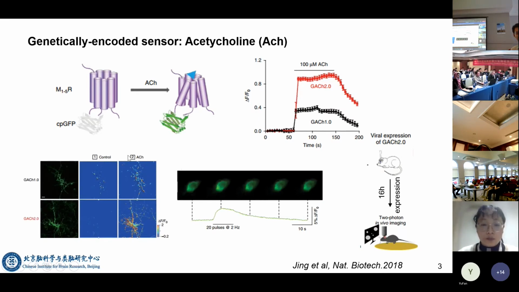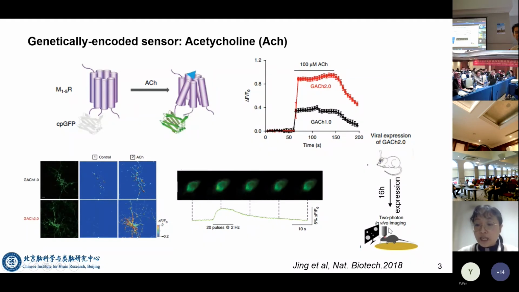To see if it works, they applied it to cultured neurons, to acute brain slices, and also did viral expression in vivo of acetylcholine 2.0 for 6 hours.